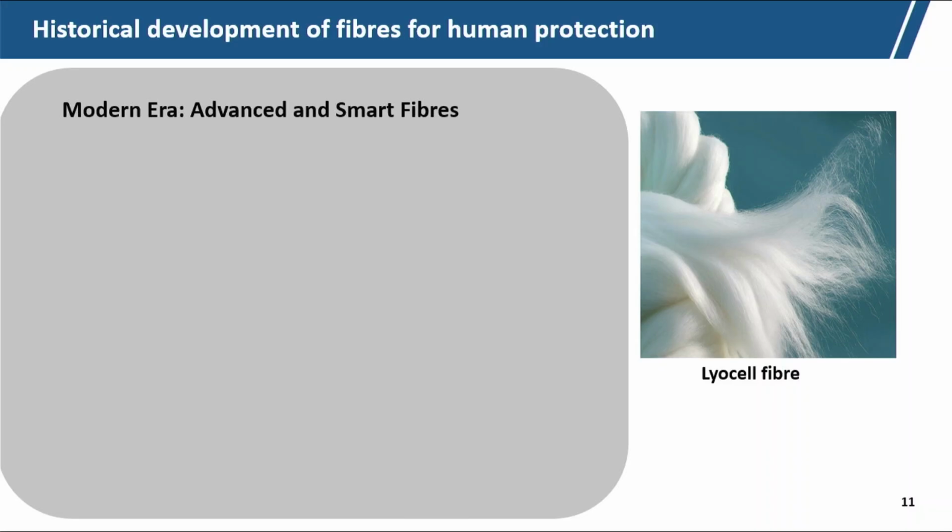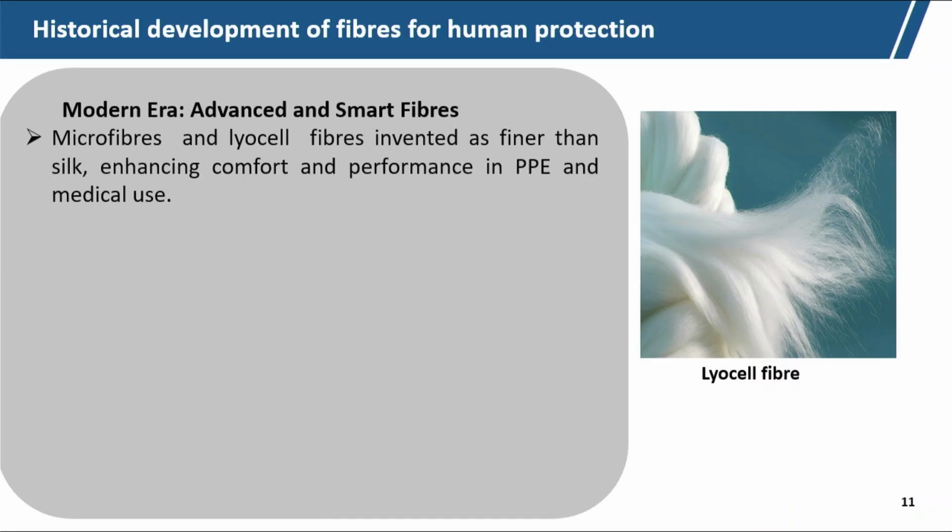In the modern era, advanced and smart fibers are there. Microfibers, low cell fibers, were invented as finer than silk, enhancing comfort and performance in PPE and medical use. So, microfibers are used for many protective textiles.